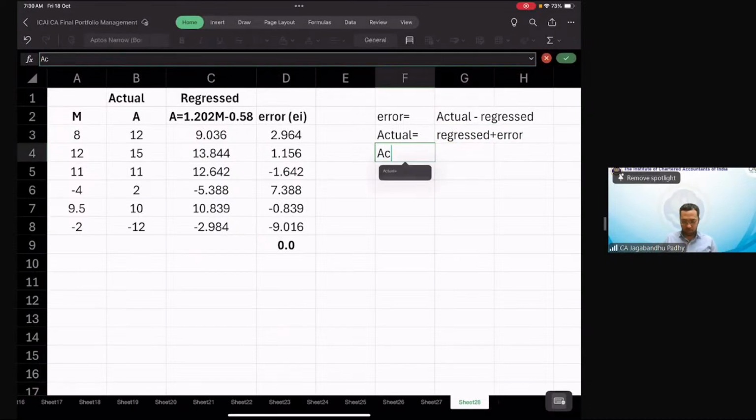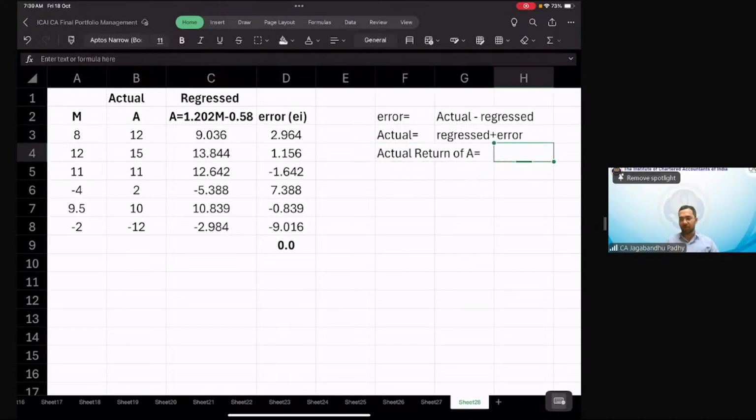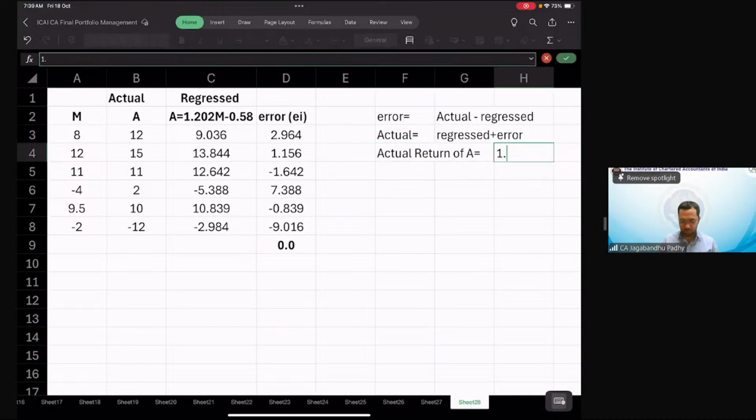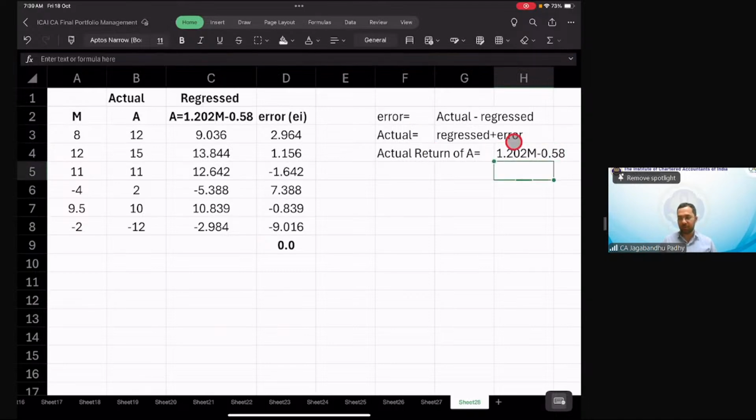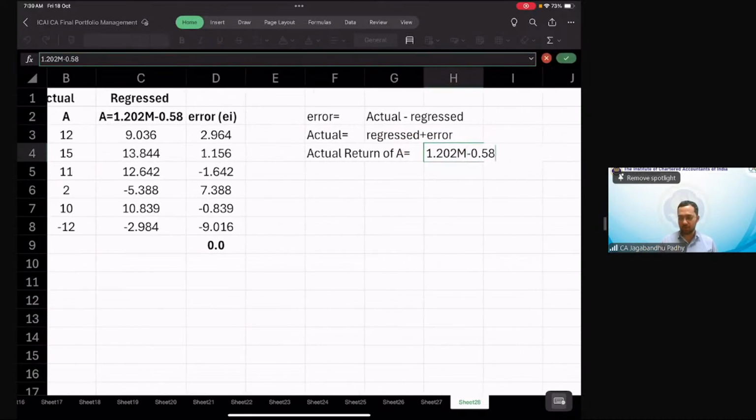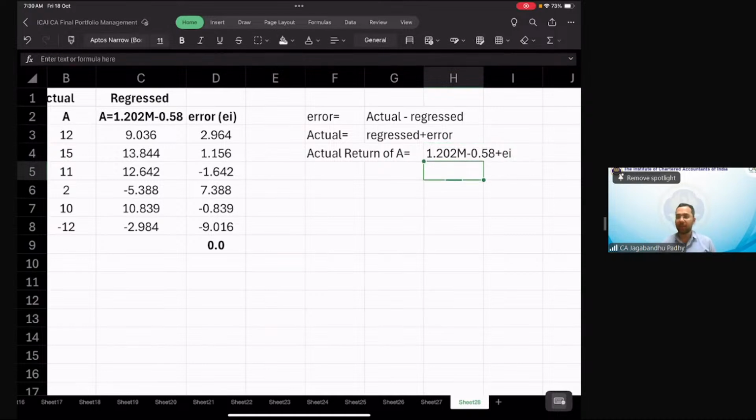So the actual return of A is going to be the regressed part, which is 1.202 times the return of the market minus 0.58. This particular portion is the regressed portion, and since I need to add the error term, let me add plus e i, the error term.